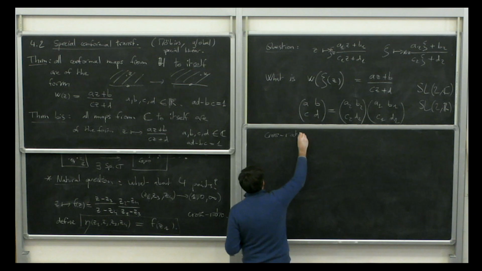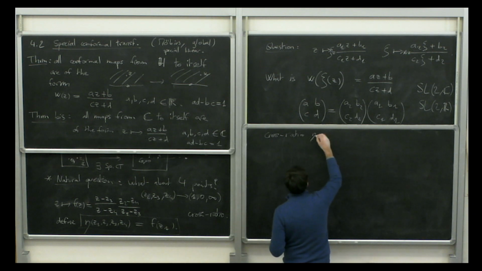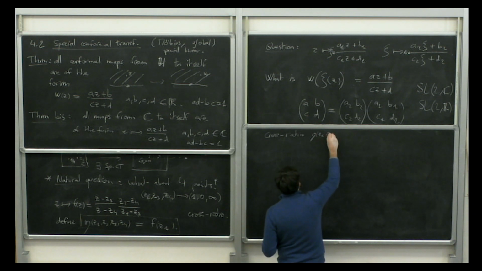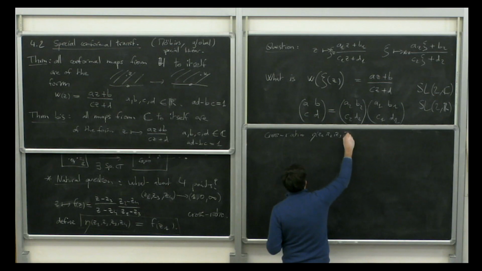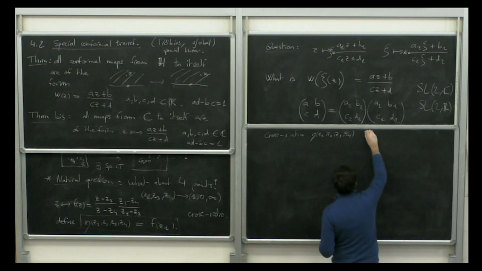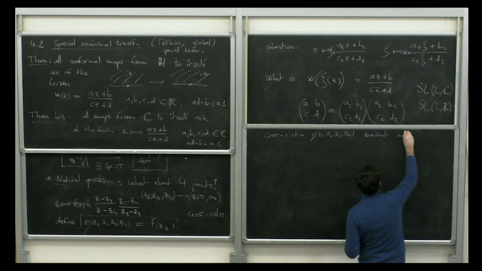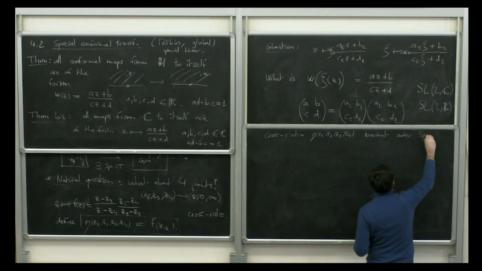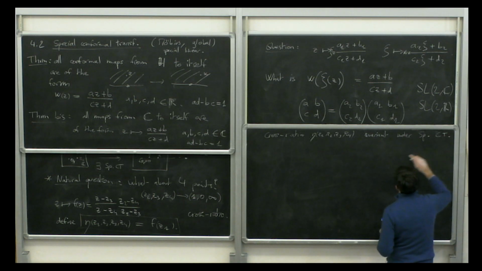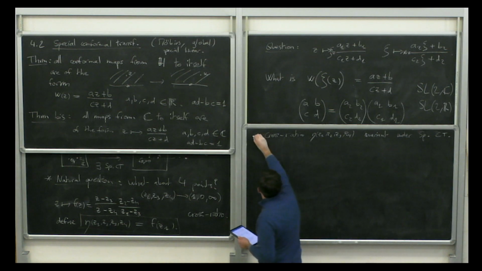So this cross ratio eta, that's a function of 4 points again. This is an invariant. It's invariant under special conformal transformations. That's the first important fact.